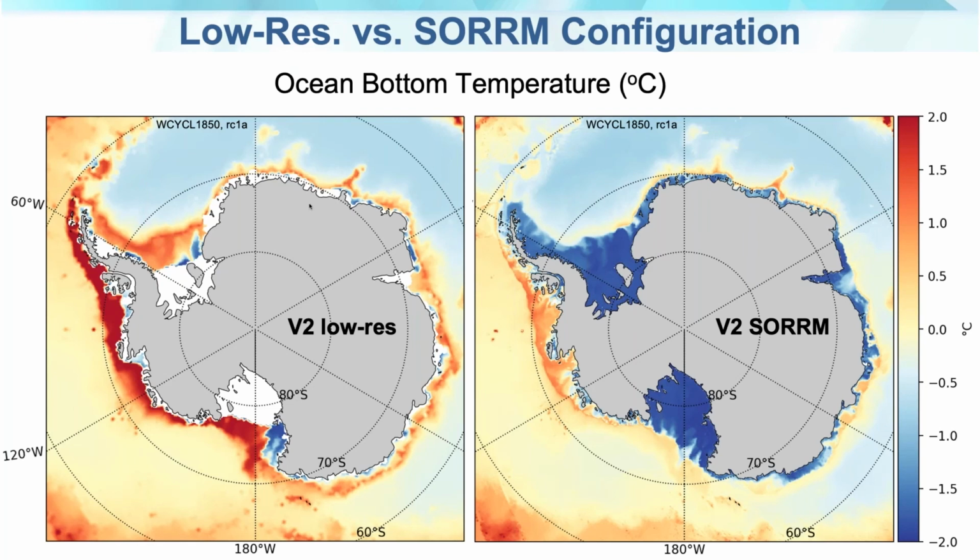In the Southern Ocean refined configuration, we have a much more realistic looking temperature distribution at the ocean bottom, and particularly around some of these very large ice shelves, we don't have the warm water incursions that we were seeing before. If we looked at a plot of the seafloor salinities, you would see something similar, in that the biases are much better at higher resolution than at low resolution.